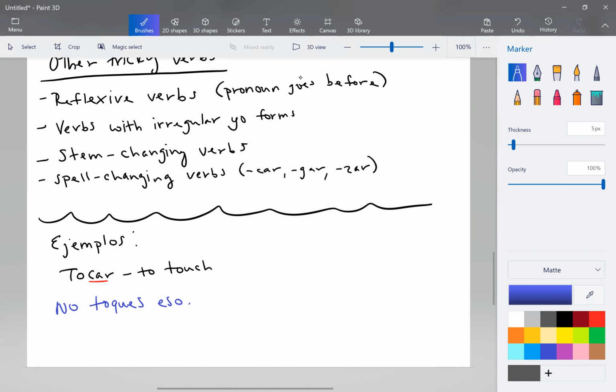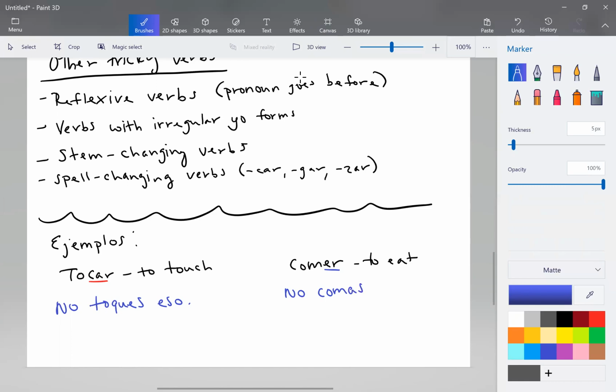No toques eso. What other kind of negative commands, don't do that, can we have? Don't eat that. Good. No comes.